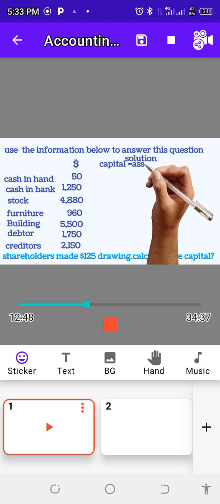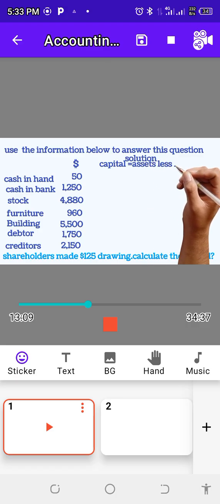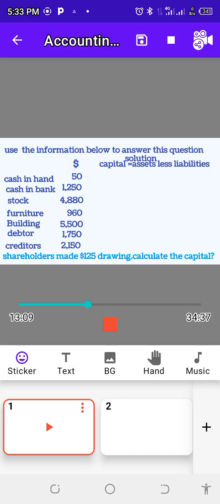Capital is equal to asset minus liability. So we are going to bring all the assets together.